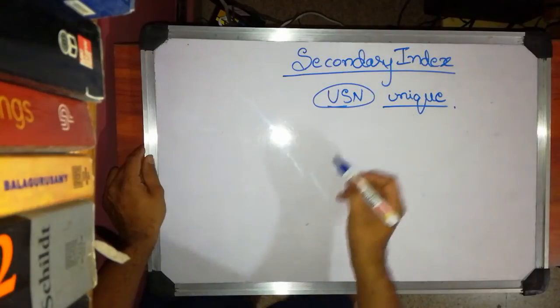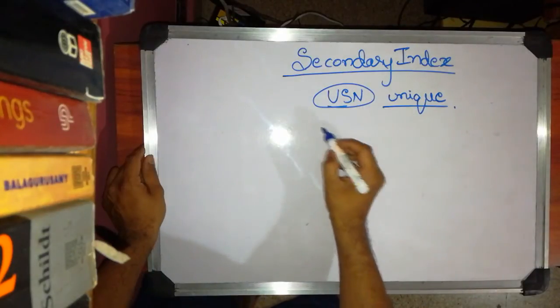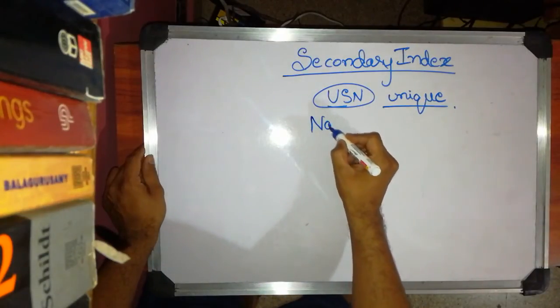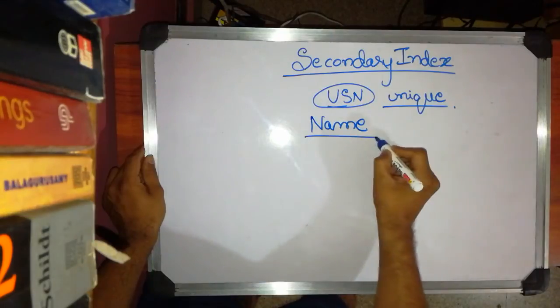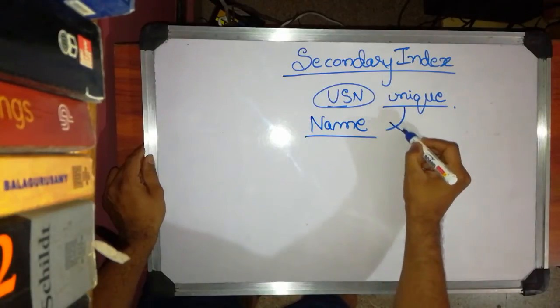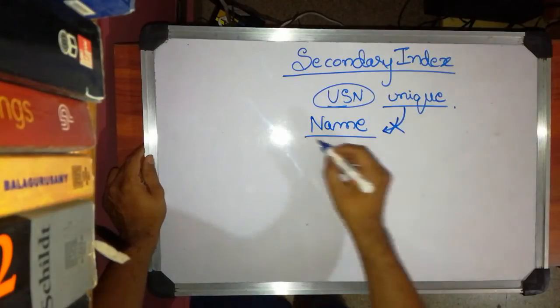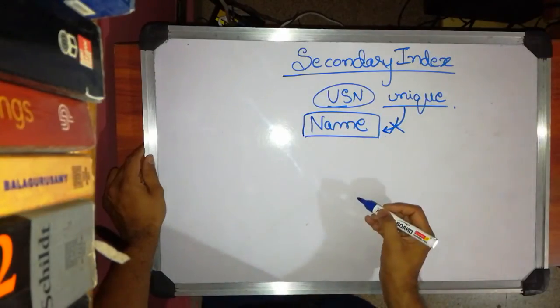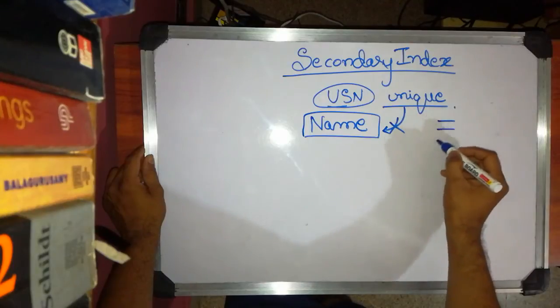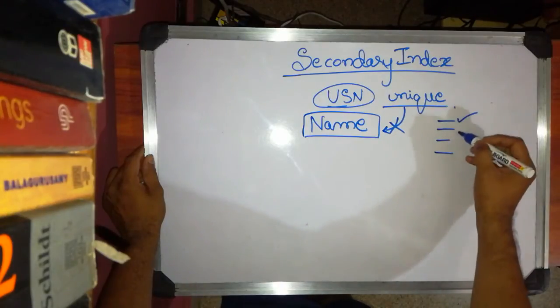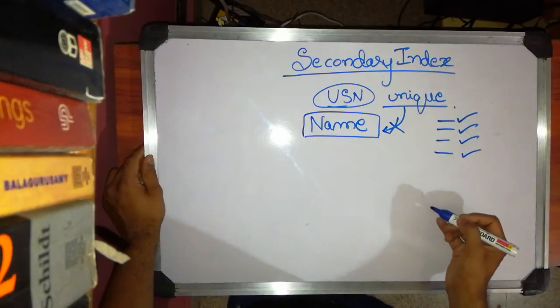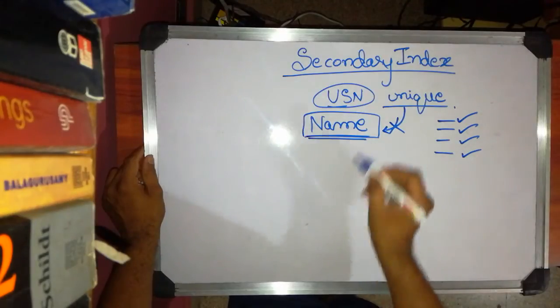But the secondary index, we consider here in our case, as the name of the student. So we know that this is not unique, and when we search something based on the secondary key, we get multiple entries as the output because there can be so many people with the same name.